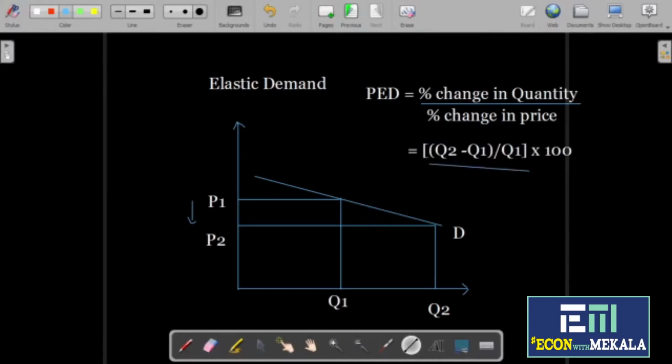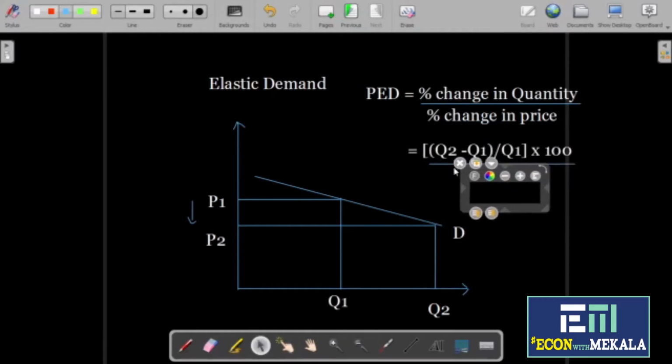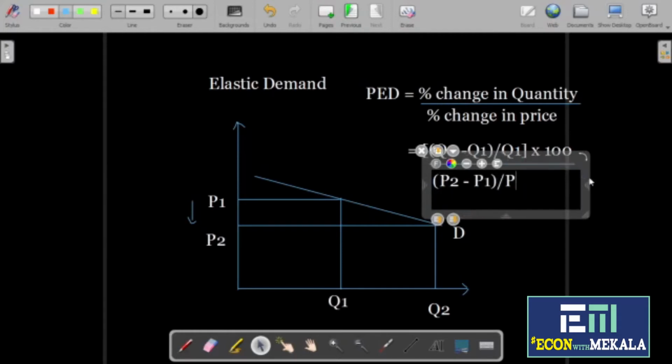This is divided by P2 minus P1, divided by the original price, P1, multiplied by 100.